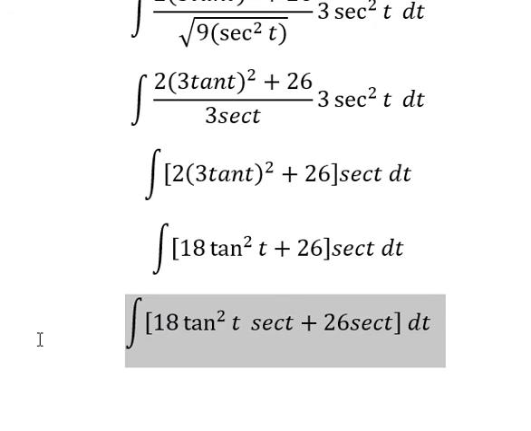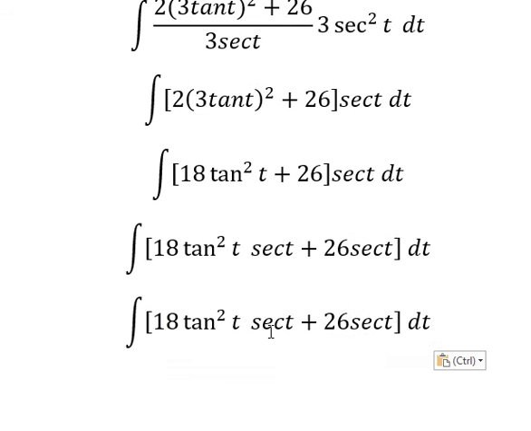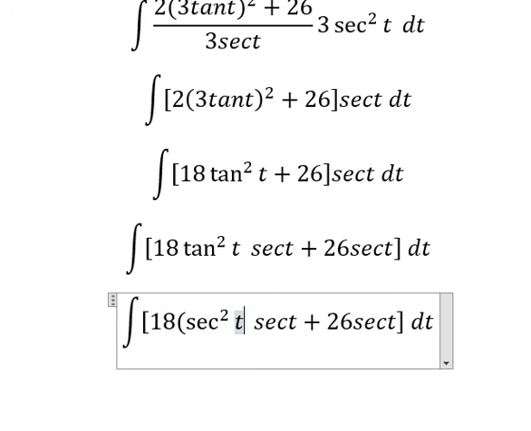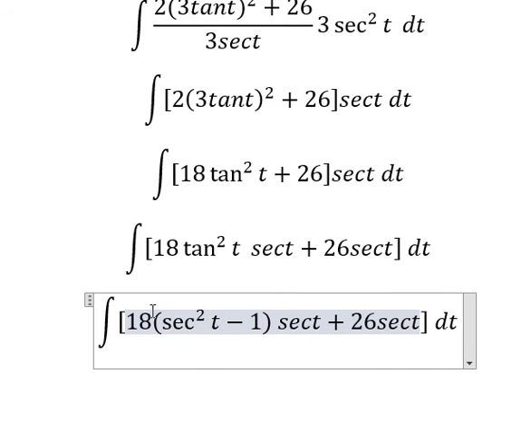Next, tan squared t we can change into secant squared t minus 1. This is a trigonometric identity.